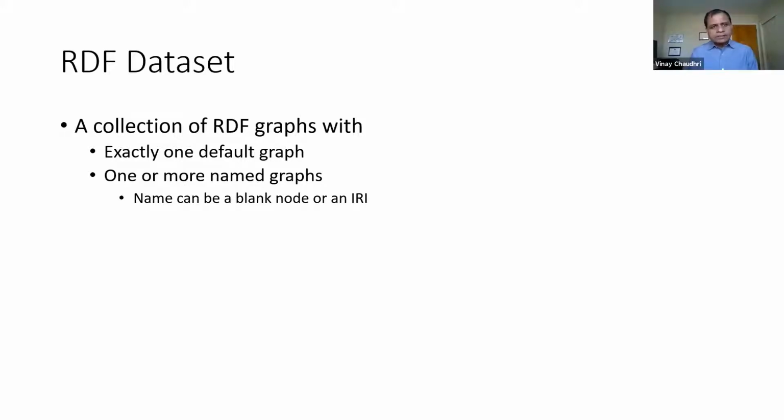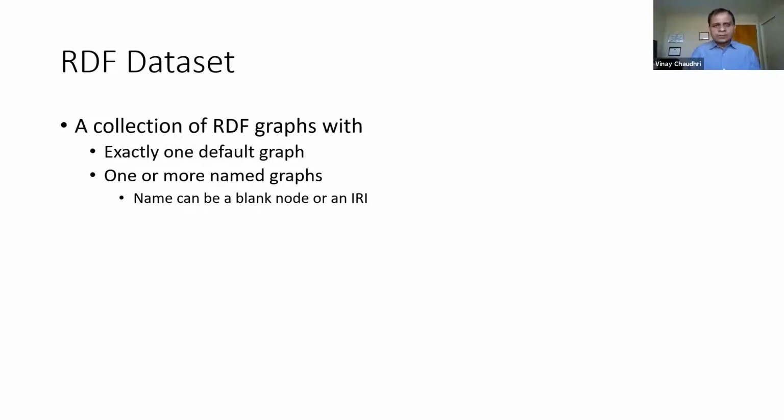An RDF data set consists of a collection of RDF graphs. And each data set has exactly one default graph and one or more named graphs. The names of these named graphs can either be left blank, it could be a blank node, or it could be an IRI. So the main use of this is that if in a particular RDF data set, we want to group different parts of it in multiple disconnected graphs, we can do it using this facility.